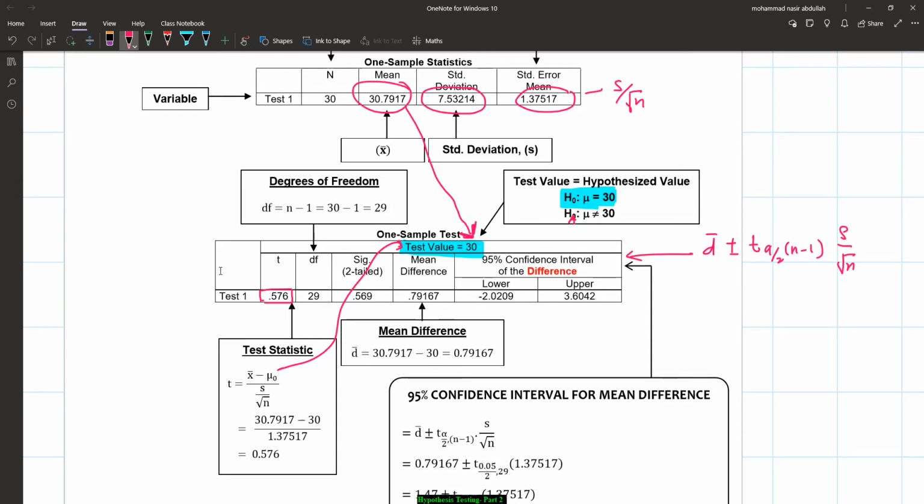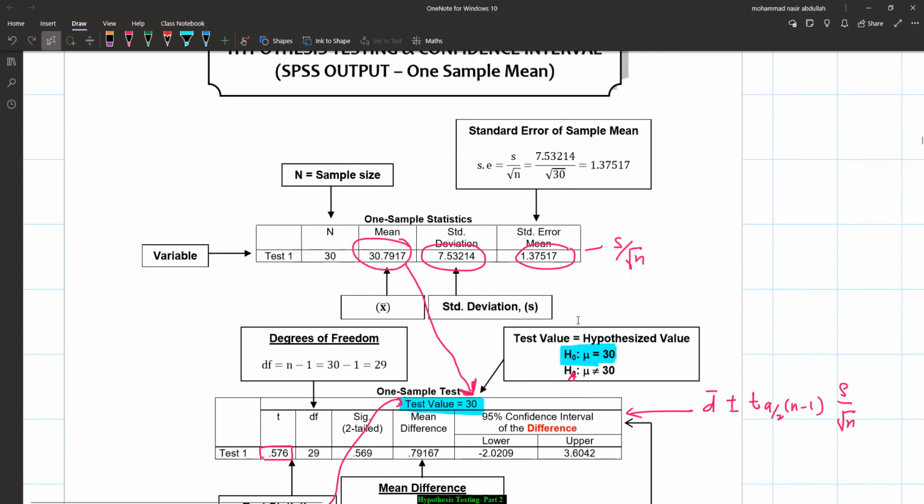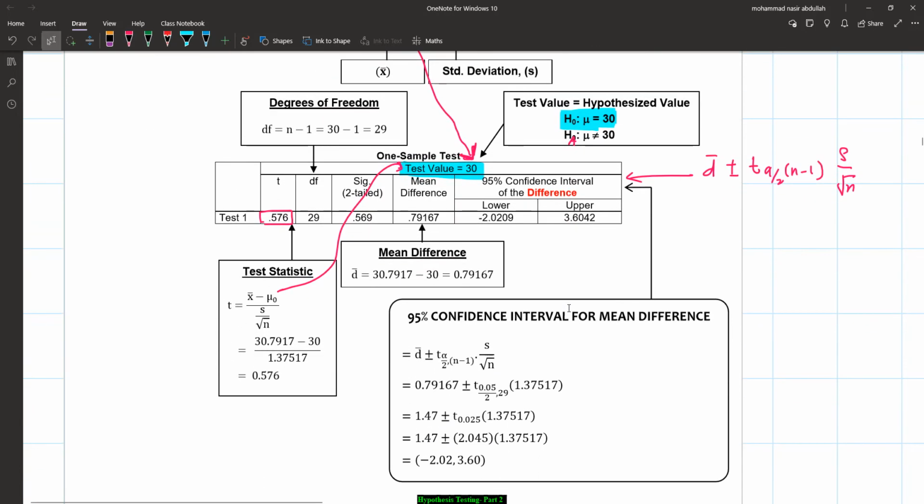So just divide these two values, standard deviation and n, and you get the standard error. Here 30 represents the sample size. It should be a small letter n, but in SPSS they put a capital N. We understand, this is the sample size that we have in the dataset.